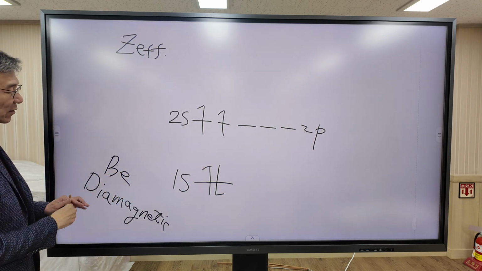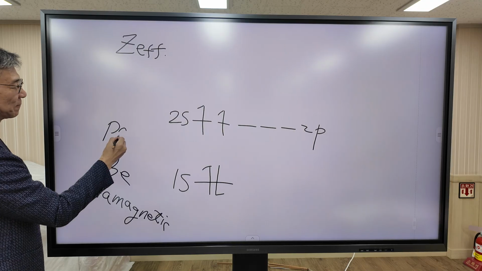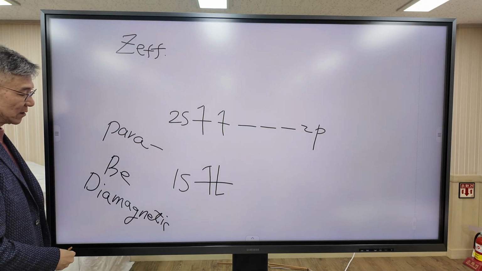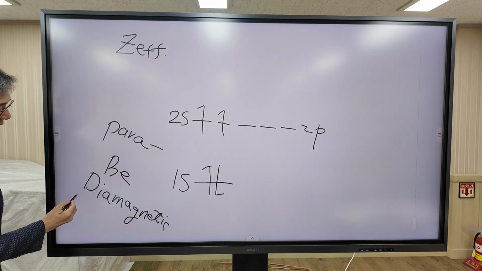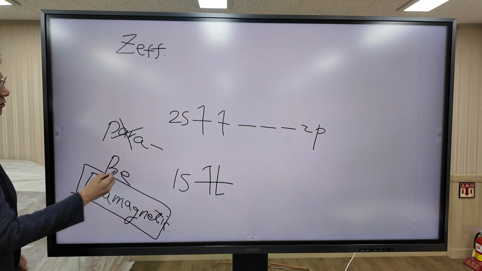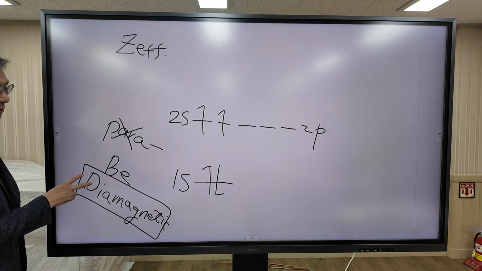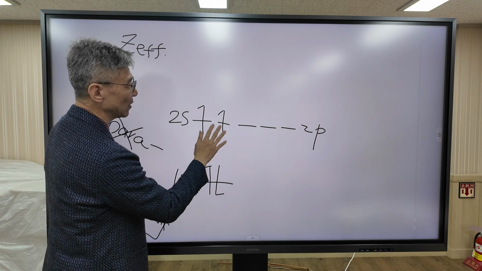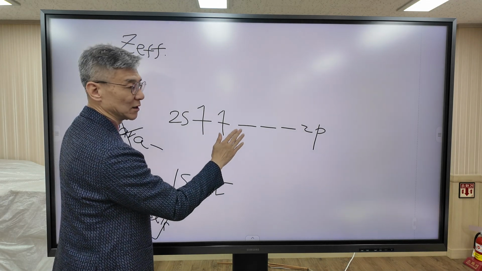So the magnetic property of beryllium would be paramagnetic. But according to experimental observation, the magnetic property is known to be diamagnetic, not paramagnetic. So this experimental observation indicates that the 2s orbital doesn't have the same energy as the 2p orbitals.